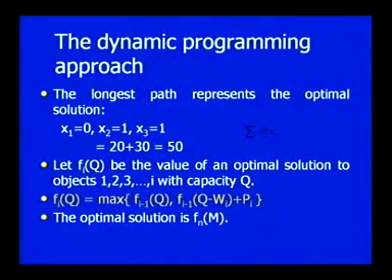The algorithm becomes, instead of minimum, maximum. Okay, so this is the easiest way in which you can write the algorithm for knapsack.